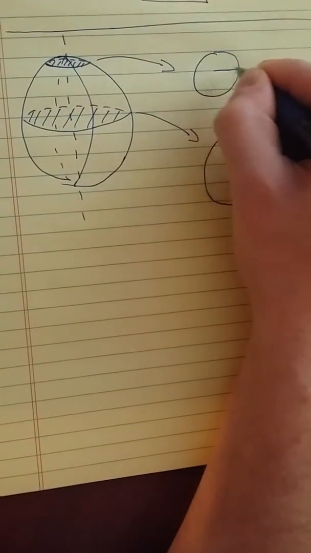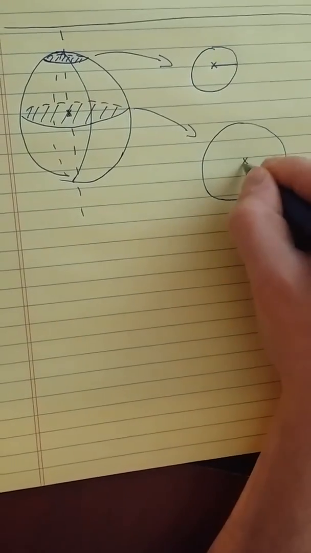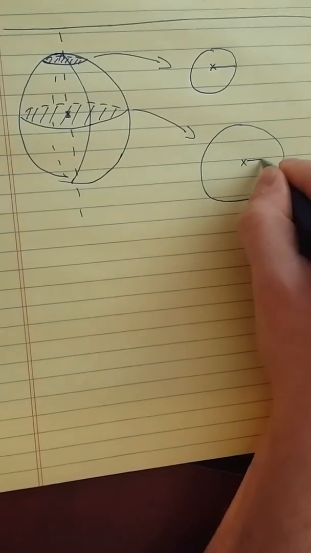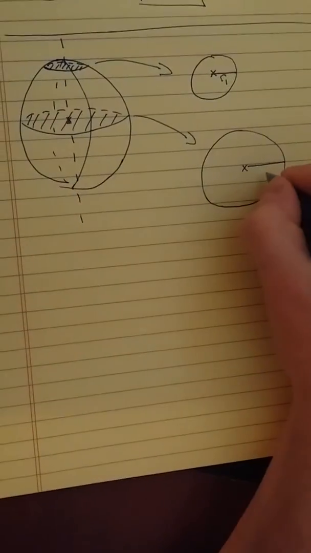Okay? So up here, here's my axis, the center point. Let's say this one has a radius of, I'll just call it R1. And let's say this one has a radius of R2.